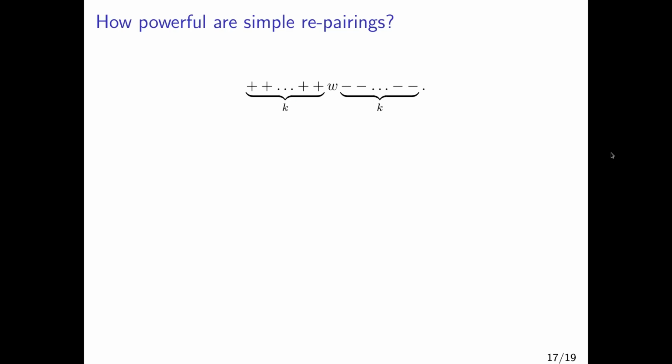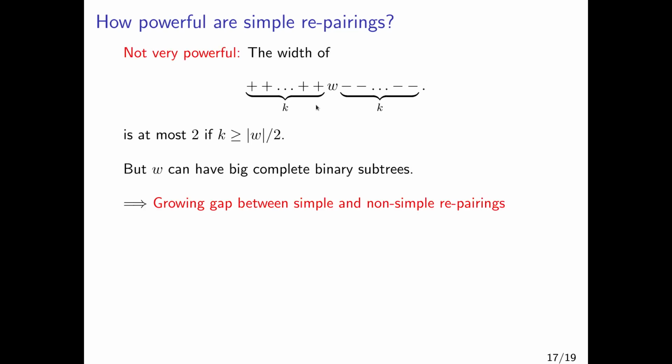In particular, consider a complicated word W. If you put it into this framing of many pluses at the beginning and many minuses at the end, then you can repair such a new word quite easily, as long as this K is big enough. How do you do this? Well, you start reading the symbols of W left to right.